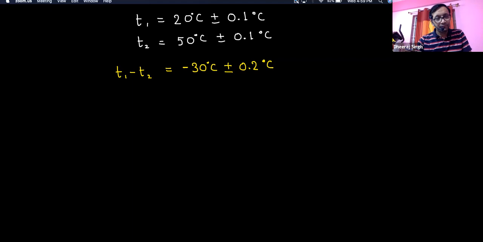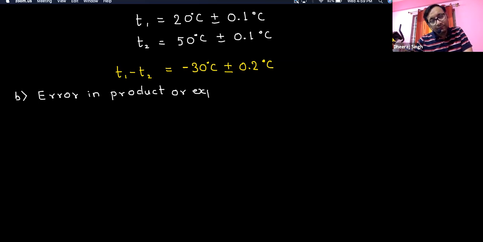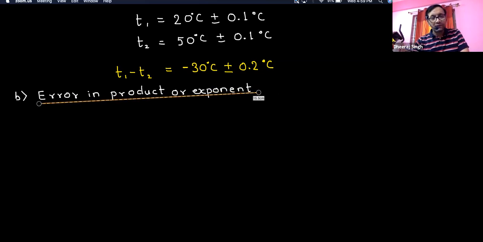Write down: error in product or exponent. See, division is nothing but a product only. Like A divided by B is multiplication between A and 1 by B. So I'm just writing product and exponent.